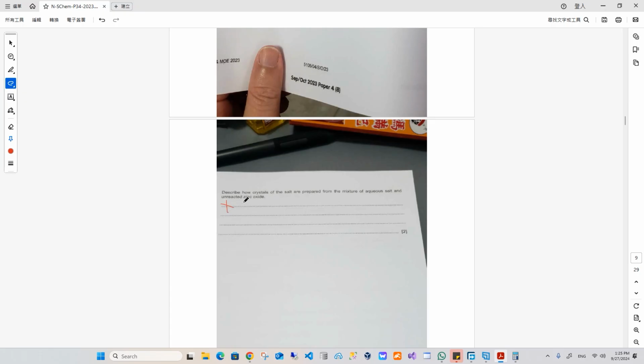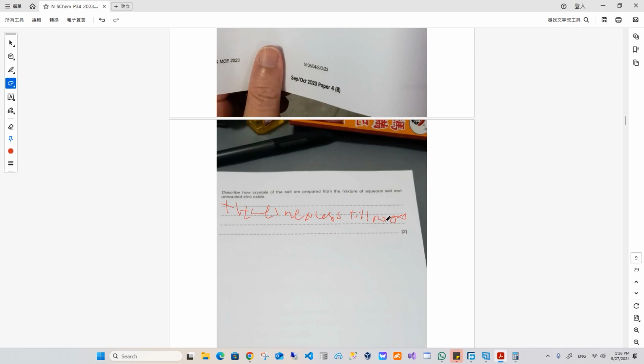I will first convert all zinc oxide to zinc chloride. Make sure that even the zinc oxide also becomes zinc chloride. So we'll add hydrochloric acid in excess until no more gas. No more gas means all my zinc oxide has reacted.